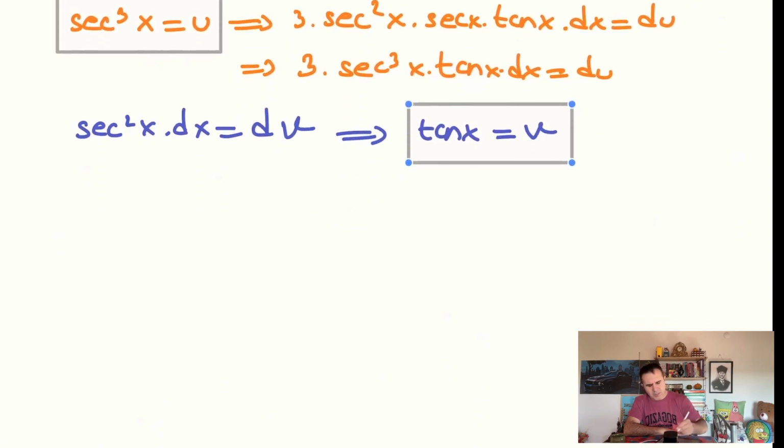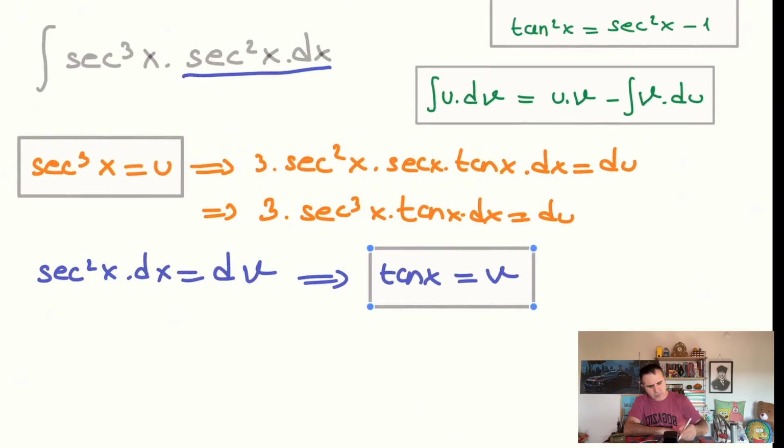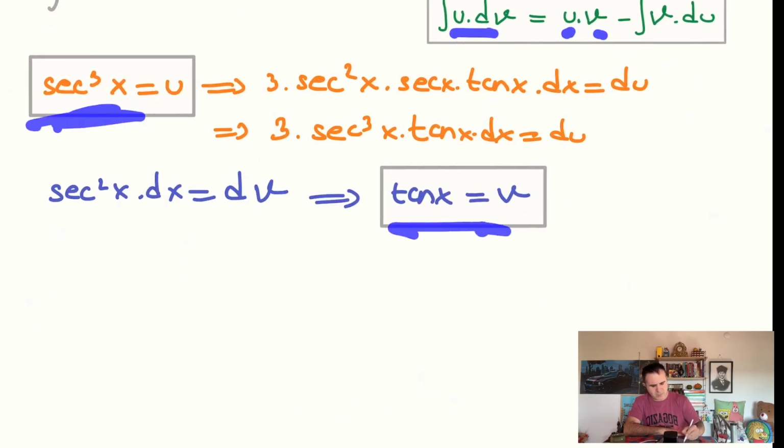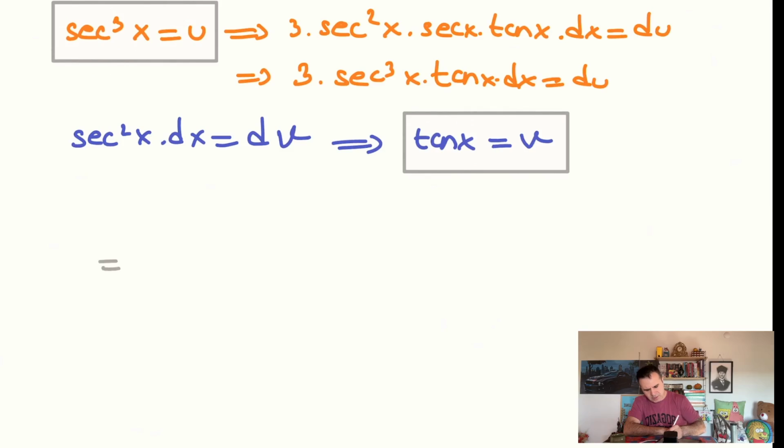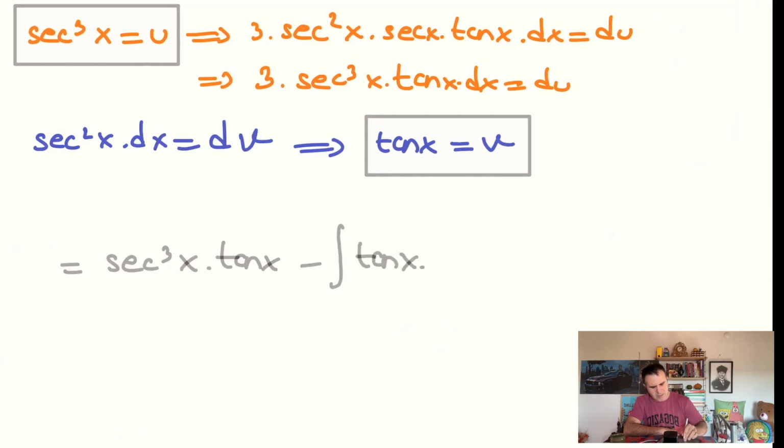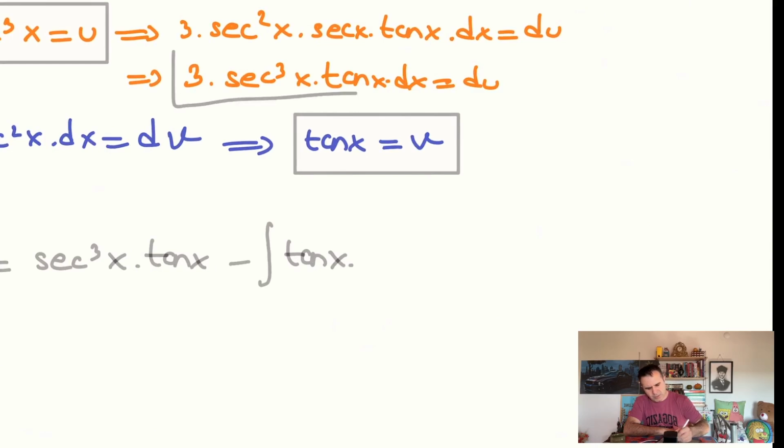By integration by parts, we said that the integral of u dv is equal to u times v minus the integral of v du. U times v is secant cube x times tangent x, minus the integral of v, which is tangent x, times du. Du is this.